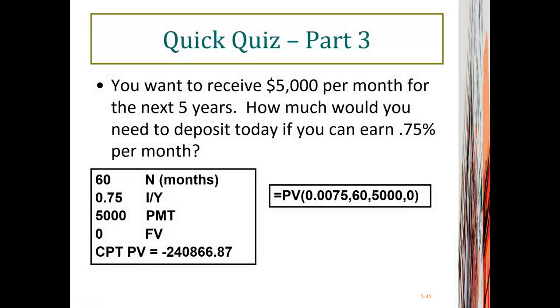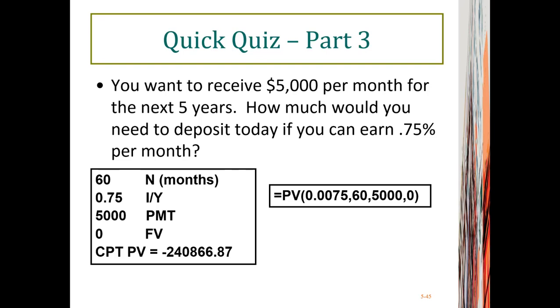Here's a quick quiz question. You want to receive $5,000 per month for the next 5 years. How much would you need to deposit today if you can earn 0.75% per month? Right, per month. Once again, this is a monthly calculation. The number of months is 60, I/Y 0.75, payment 5,000, that is positive because you are going to receive it, and FV 0.